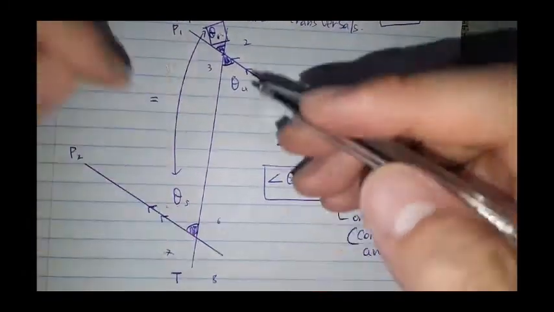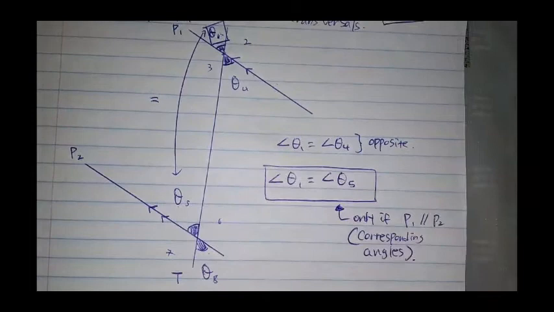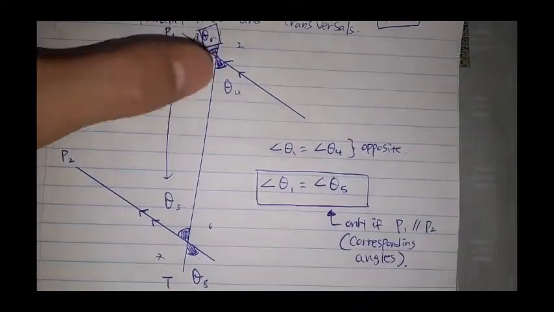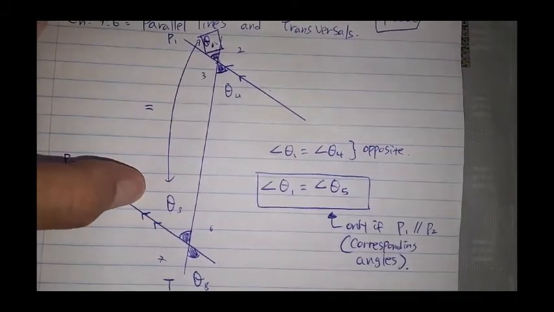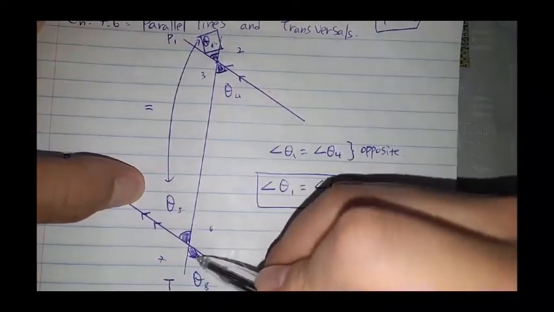Now, if I look at the corresponding angle of theta 4, we're gonna end up having theta 8. Now, do you remember corresponding angles are identical? So that means theta 1 will eventually equal angle 8.